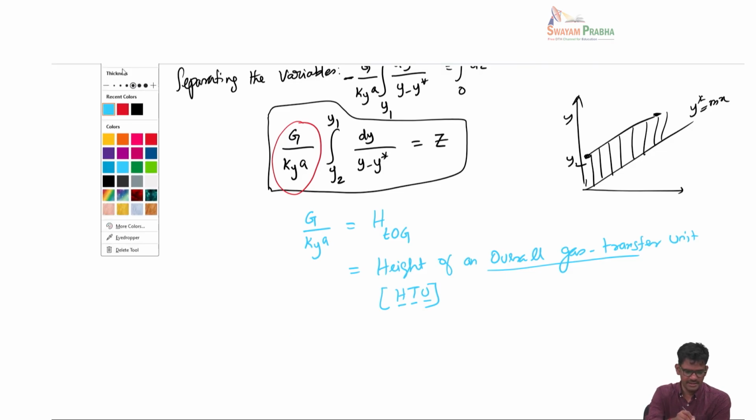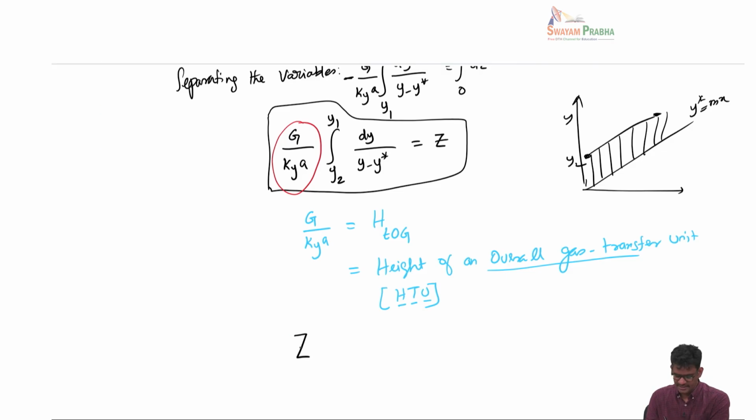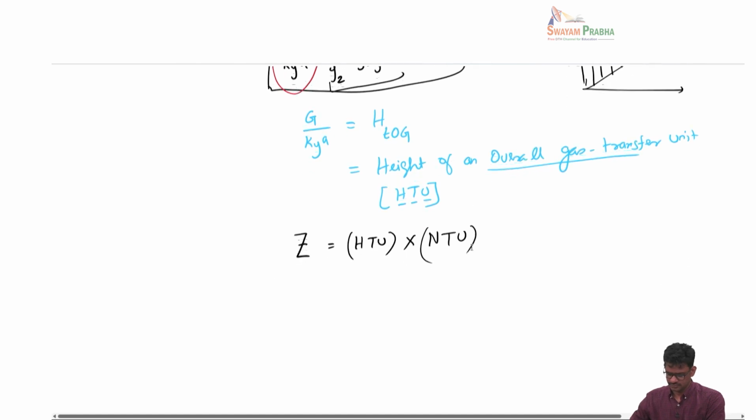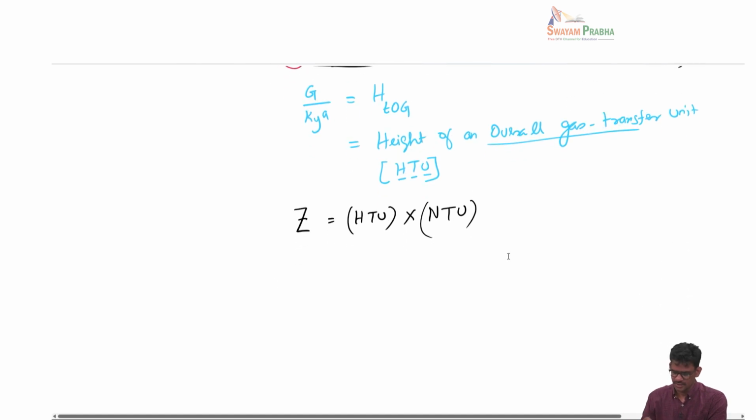Now we can write that the column height Z is equal to HTU times this integral that I have here. I am going to call that NTU.